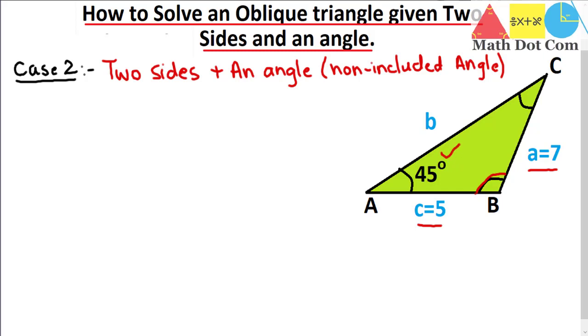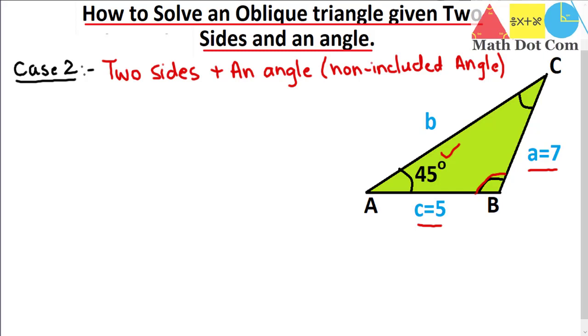So whenever the angle is not in between the two given sides, and it is between a side that is unknown and a known side, like here B is unknown and C is known, in such a case you have to use the law of sines.